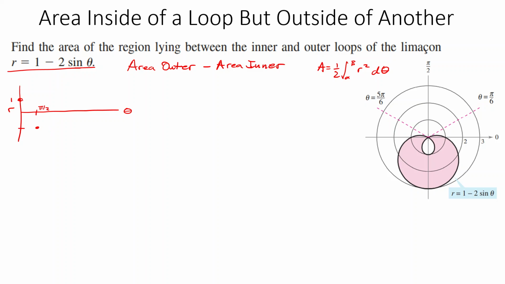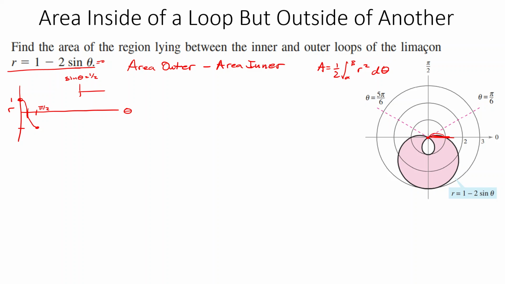Sometime we're going to go between the two of them, so somewhere we're going to cross 0 here. In other words, we start off out like this, and then we come in till we hit 0 right there. That's where this little inner loop starts, when we hit 0. So if we set this equal to 0, we get that sine of theta equals 1/2, because 1 minus 2 times a half would be 0.